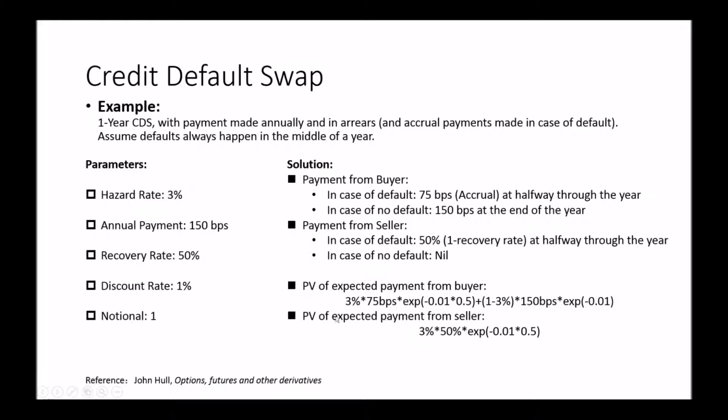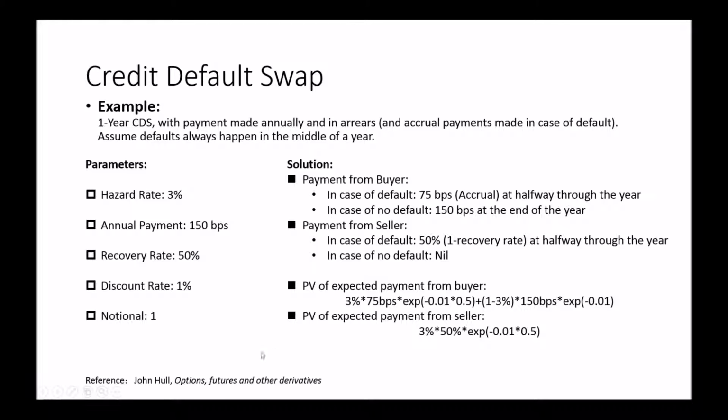The present value of expected payment from the seller will be 3%, that is the default risk, multiplied by 50%, that is the amount to be paid by the seller in case of default, and also discounted back to the present time.